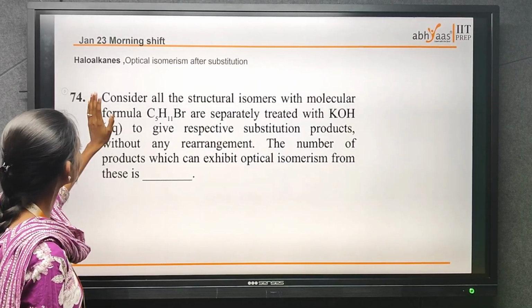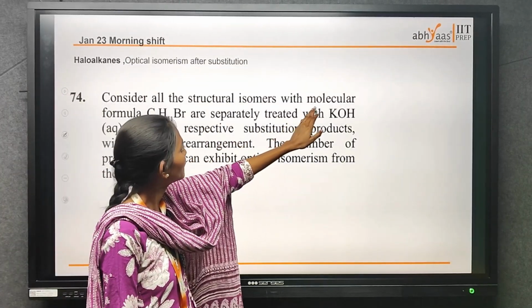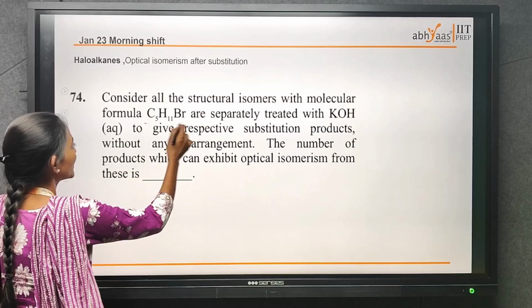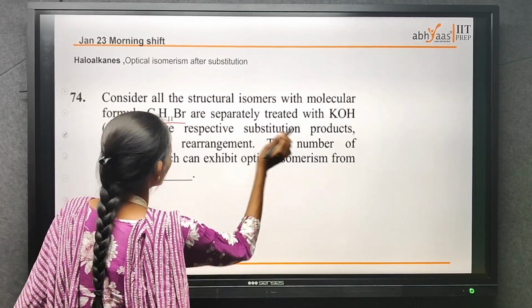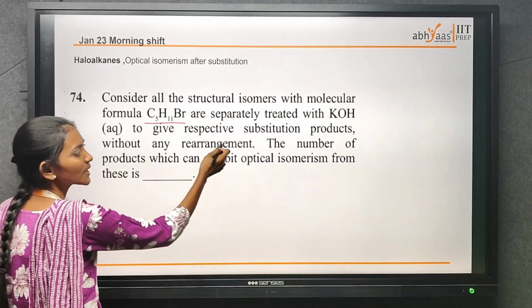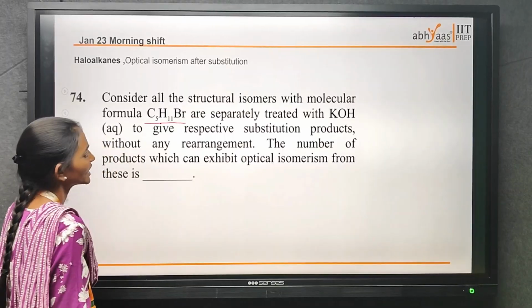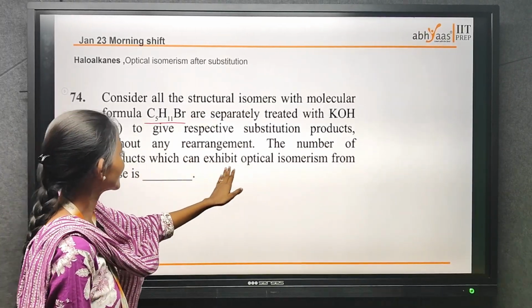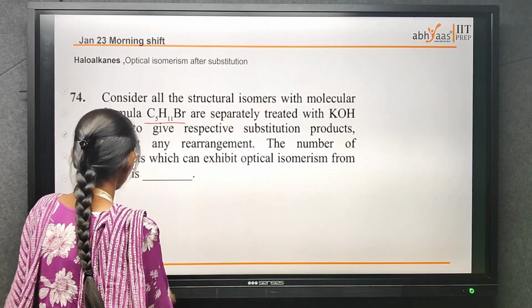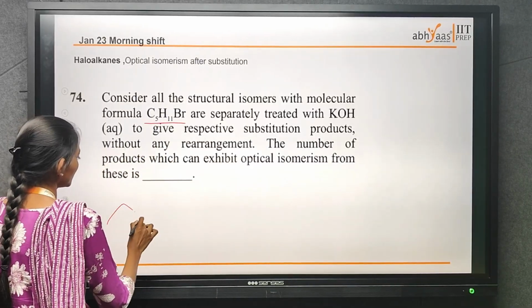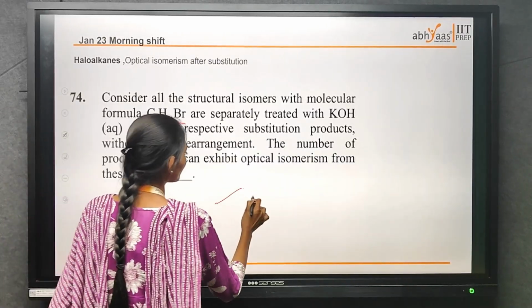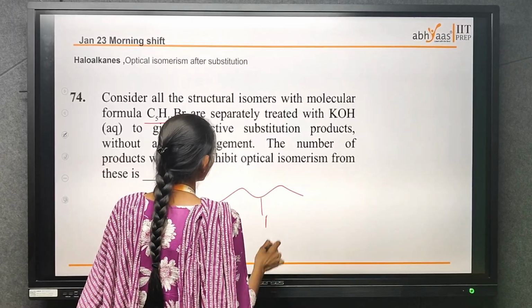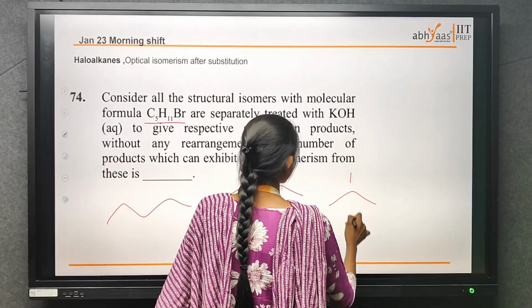And moving on to the next question, consider all the structural isomers with molecular formula C5H11Br separately treated with aqueous KOH to give respective substitution products without any rearrangement. They are asking the number of products that can exhibit optical isomerism. See, C5H11Br means you are having this, you are having this, and you are having this.